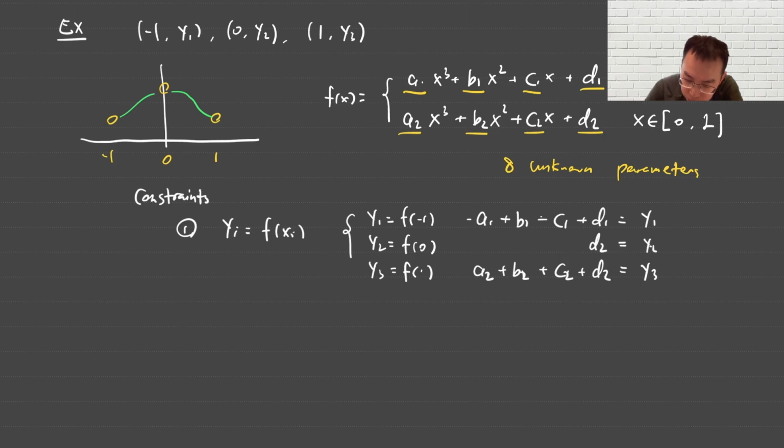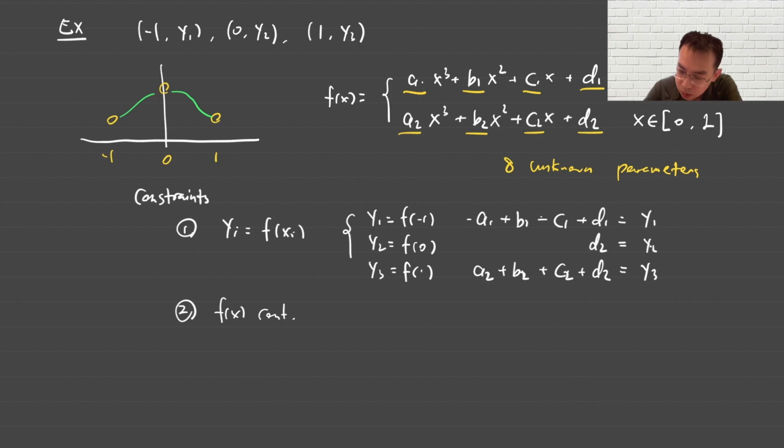The second constraint we have is the continuity constraint. Since we only have 2 segments, we only need to care about the middle point.